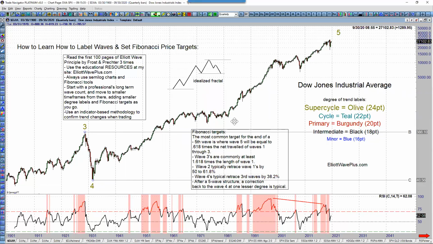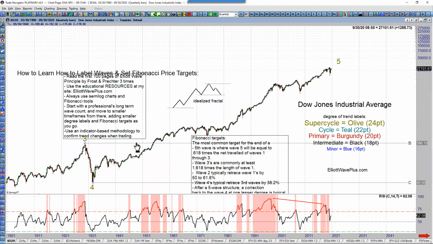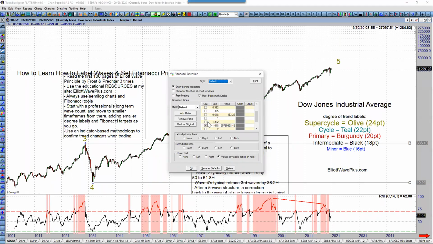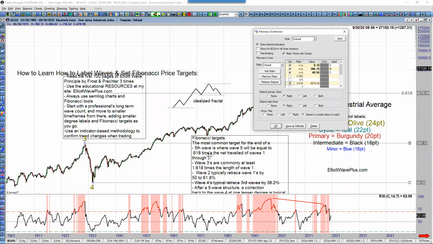And when I do that, I look for some Fibonacci relationships from there, and we look for a fifth wave up, a typical 0.618 times the net traveled of 1 through 3.